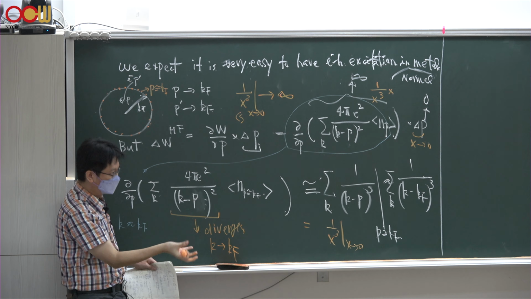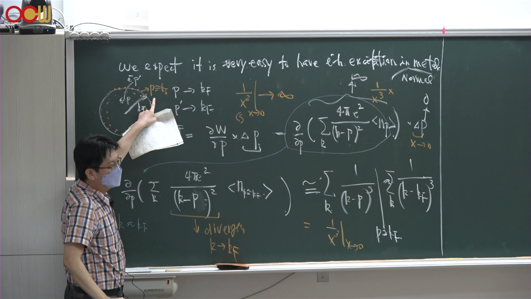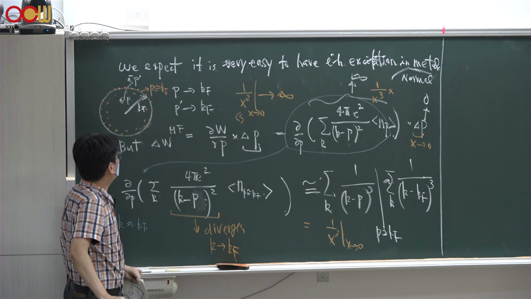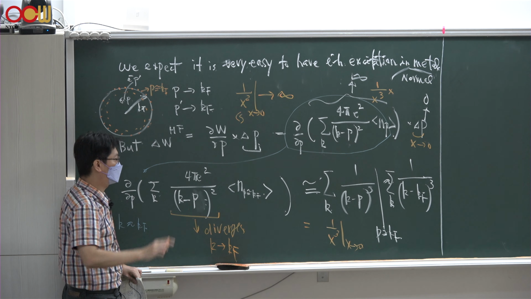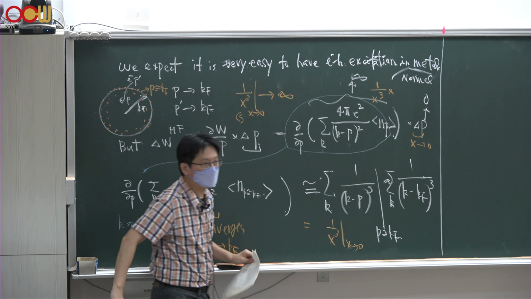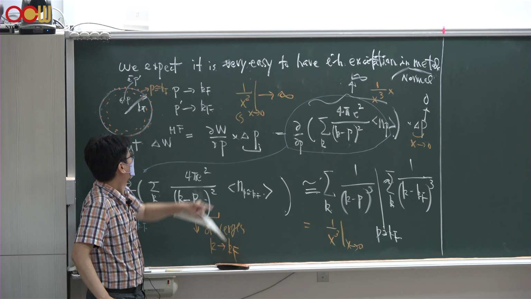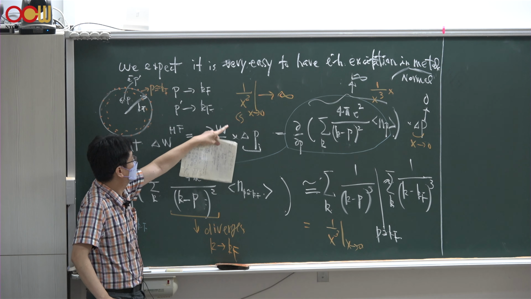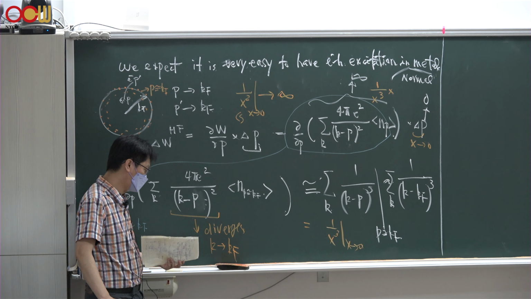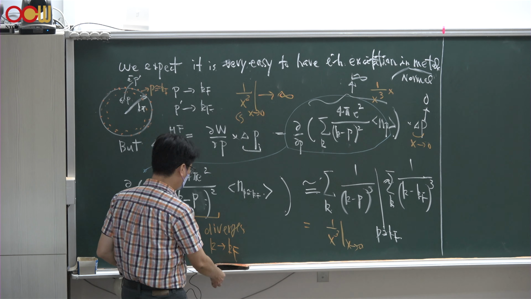So all the states that are very close to the Fermi energy will contribute to the 1 over x cubed divergence as x goes to 0. As a result, this whole thing, delta W Hartree-Fock, gives you a 1 over x squared divergence as x goes to 0, and therefore delta W diverges.